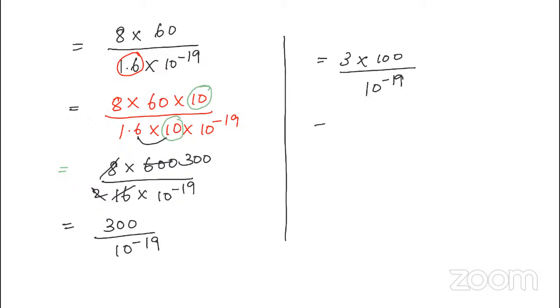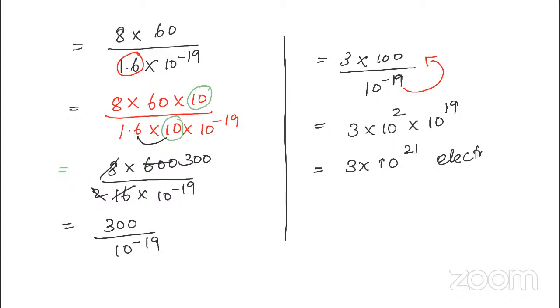Converting 100 into powers, it is 10 power of 2, and 10 power of minus 19 becomes plus 19. So plus 19 and here 3 into 10 power of 21. 10 power of 21 electrons. So this is the value of the number of electrons, that is the N value.